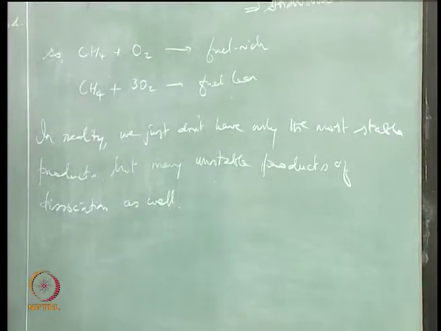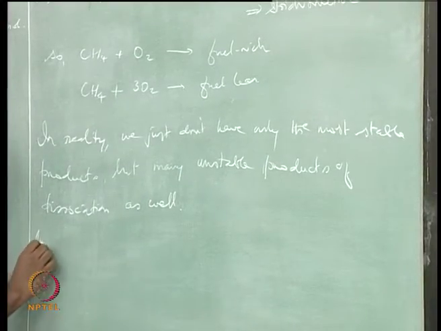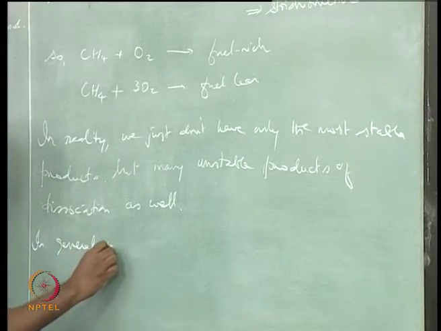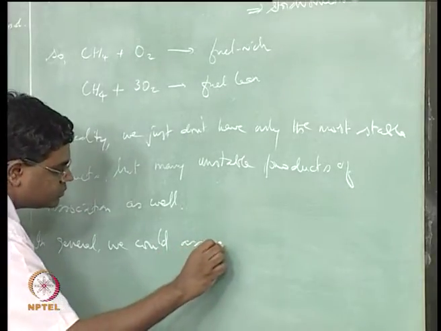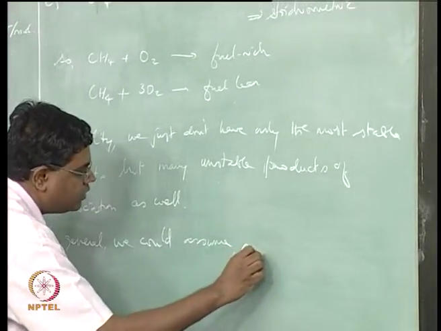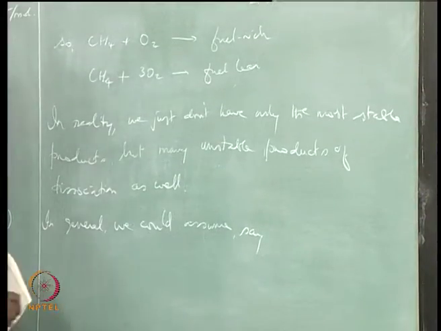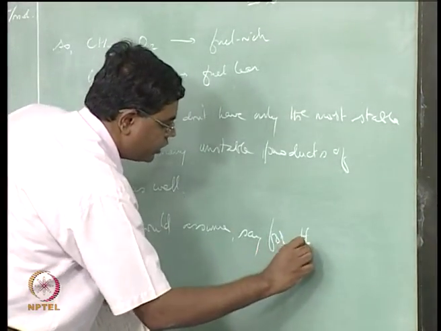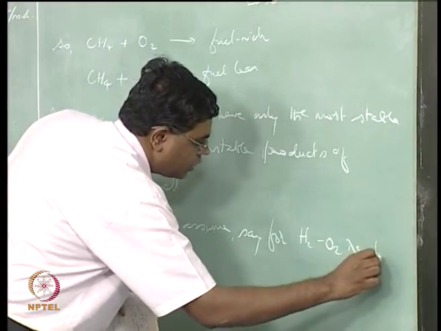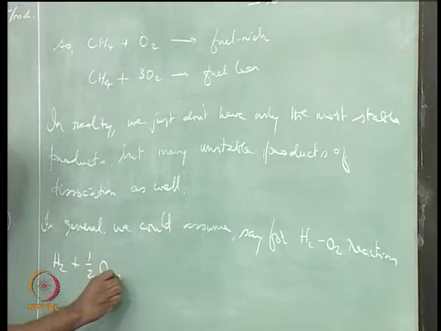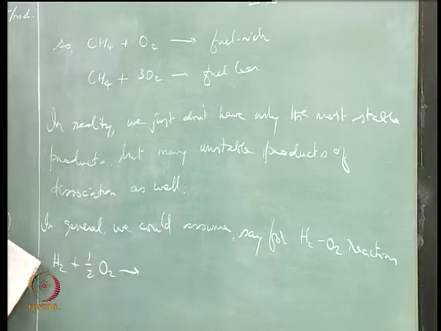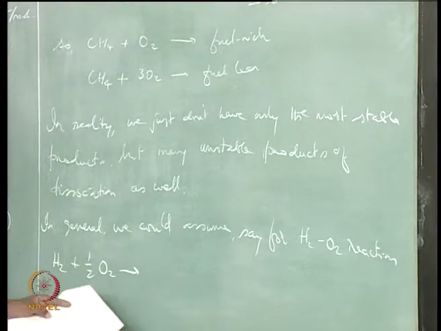So in general, we could assume, say, for the H2O2 reaction, if you now say H2 plus half O2, strictly speaking, if I were to look at only the most stable product here, it has to be H2O.